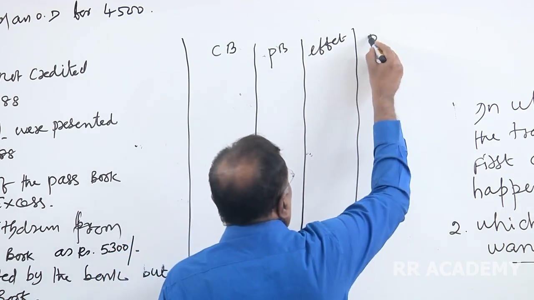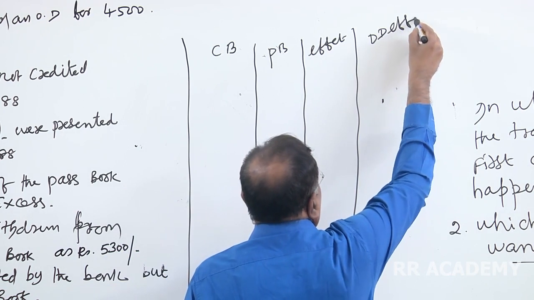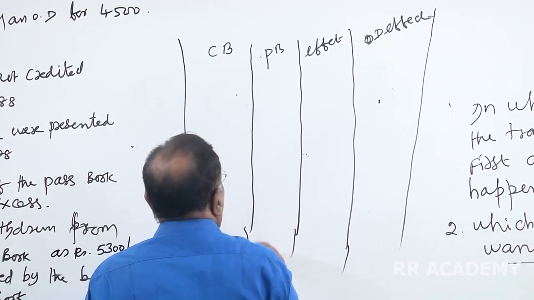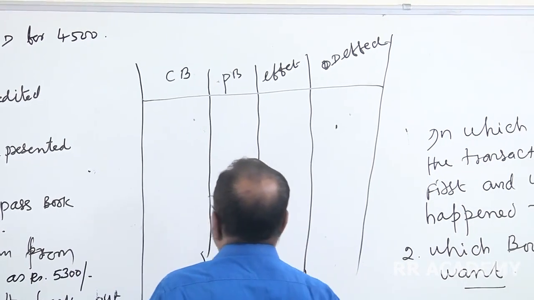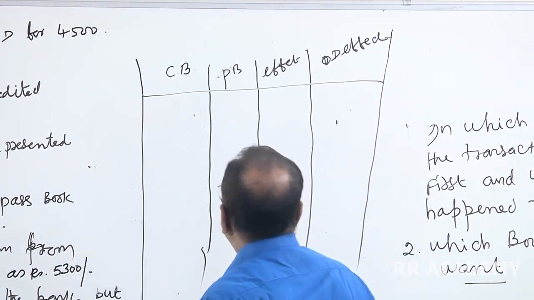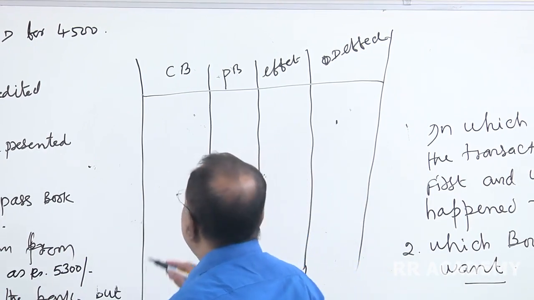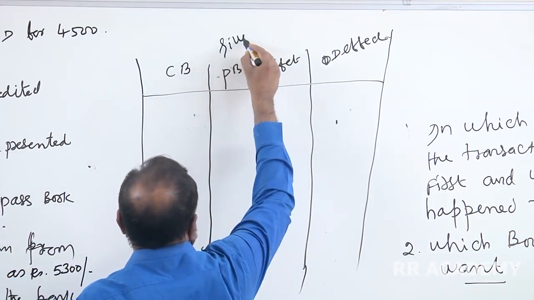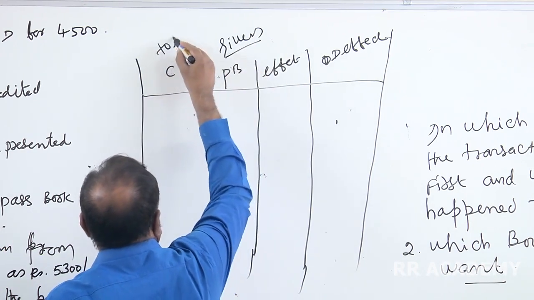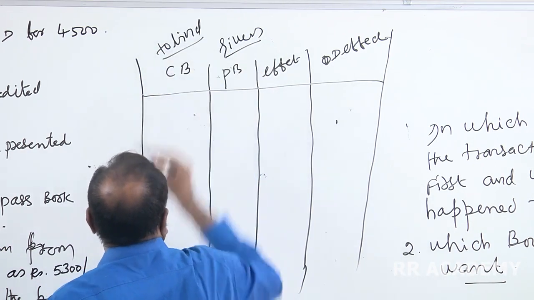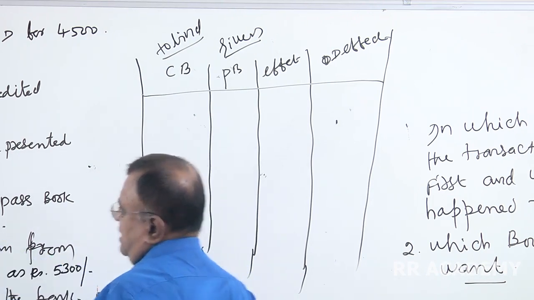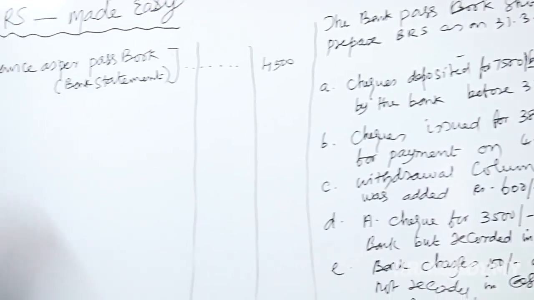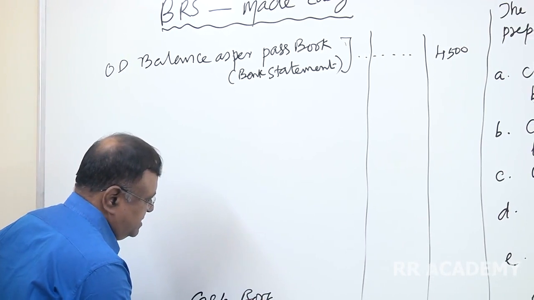One more column, OD effect. This is for explanation I am writing, but always, instead of these columns, you use hands. Now, passbook is given. That means cash book to find. Here also passbook given, so we have to find out cash book. So we remember like this.